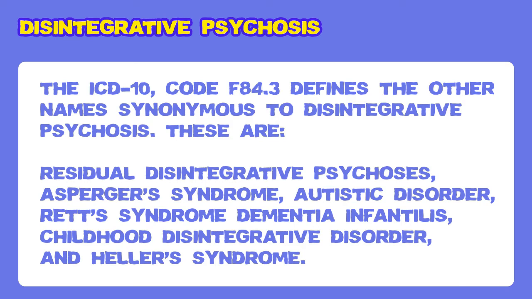Disintegrative psychosis, or Heller syndrome. The ICD-10 codes the disintegrative psychosis or Heller syndrome as the code F84.3, which lists other names synonymous to disintegrative psychosis, which are residual disintegrative psychosis, Asperger's syndrome, autistic disorder, Rett syndrome, dementia infantilis, childhood disintegrative disorder, and Heller syndrome.